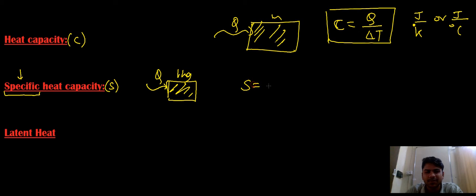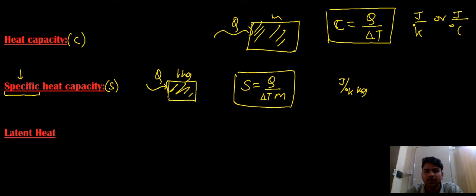So S is the amount of heat you give per unit change in temperature per unit mass. That'll be your relation for specific heat. The unit in this case would be joules per degree Kelvin per kg. You can also write this as joules per degree centigrade per kg. So that'll be the specific heat capacity.